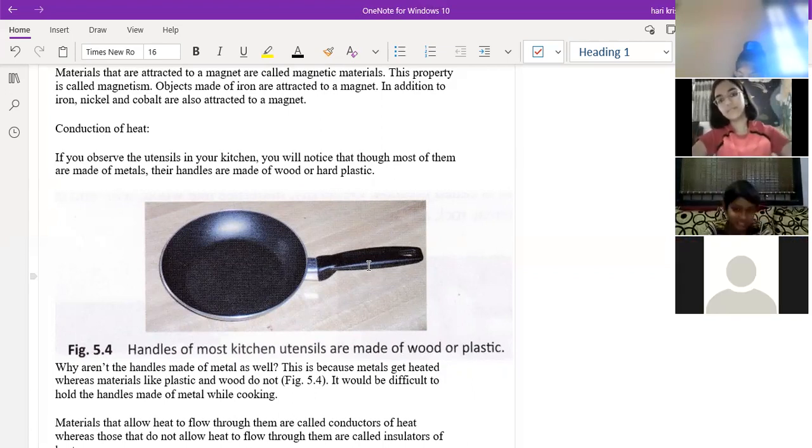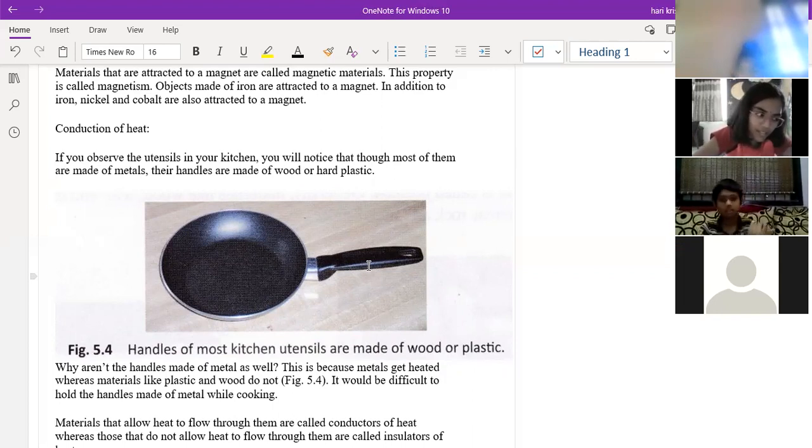So, suppose electricity is passing through a person, whether the human being is a conductor or insulator. Conductor, sir, will get the shock.